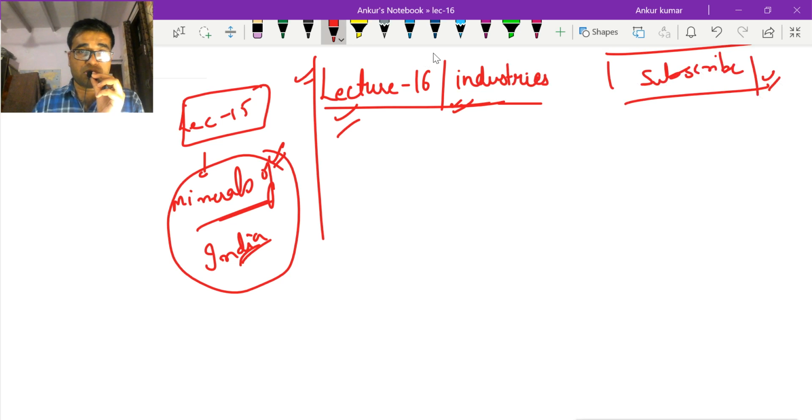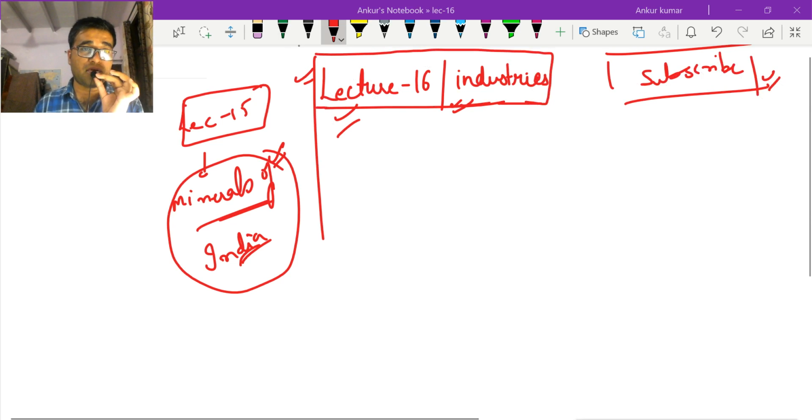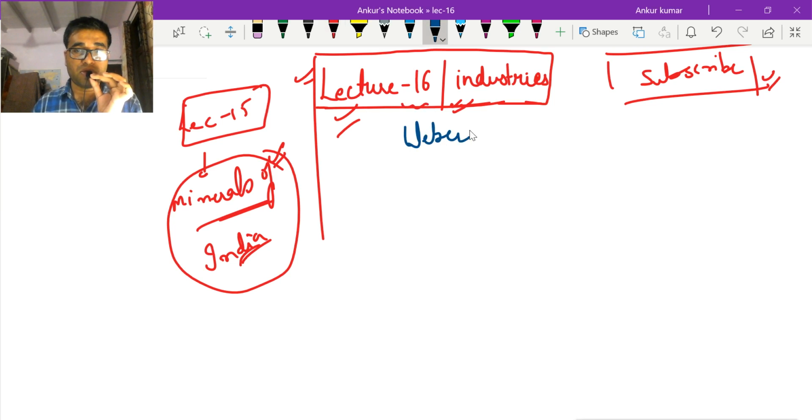Okay, so let us now start with lecture number 16, where we will discuss the industries, and mainly the section pertains to the location of industries, right? And the theory that is required for understanding the location of industry is the Weber theory. So Weber gave the industrial location theory.